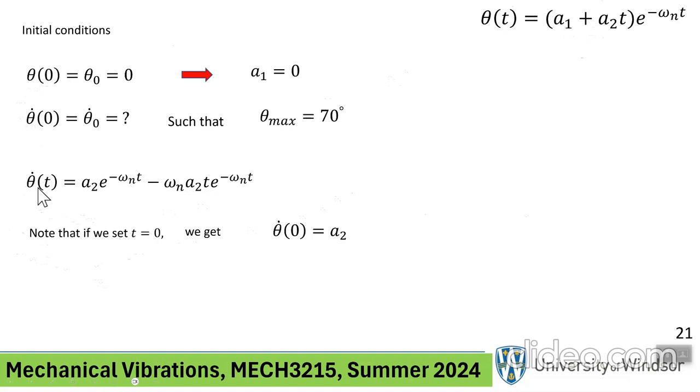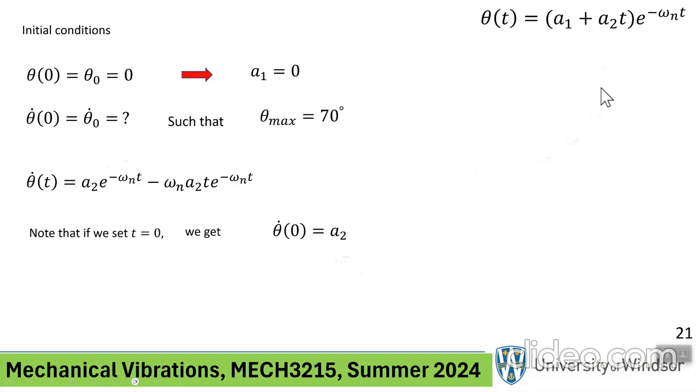Now, if we set t equal to 0 here, you see that? This theta dot at 0, you just plug it in. You get theta dot at 0 equal to, if you set t equal to 0, this will go away, this becomes a 1, and you get that.